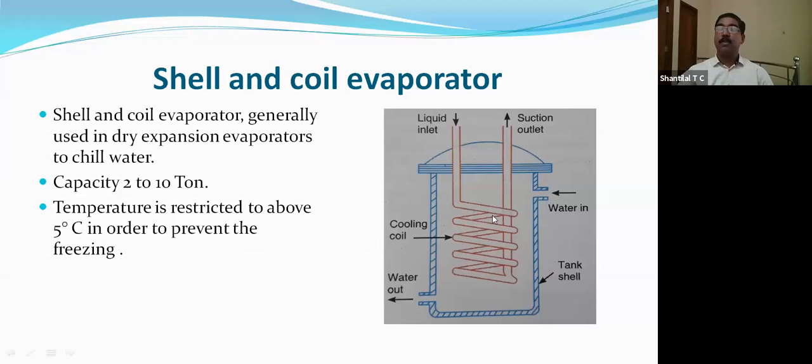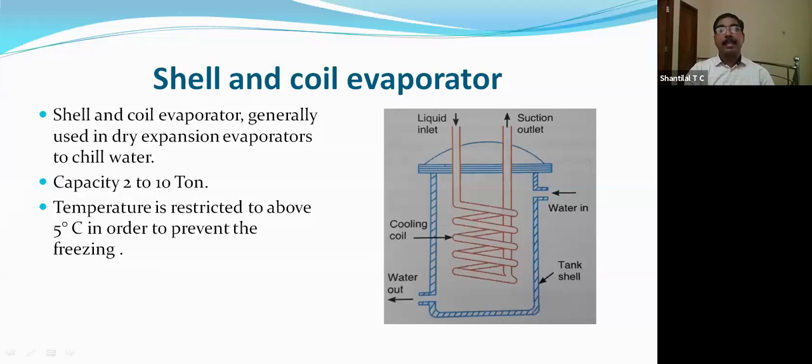Then it is difficult, when water freezes at 0 degrees it will get stuck. So for systems above 5 degrees centigrade and 2 to 10 ton capacity, we prefer the shell and coil type evaporator. It is a type of dry expansion evaporator, and this is a common dry type chiller.